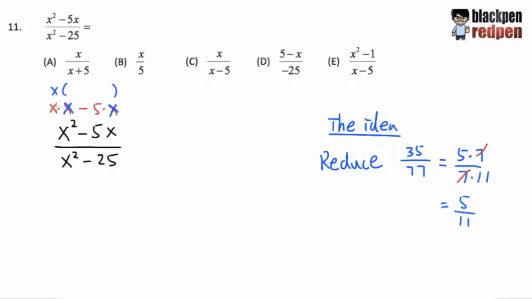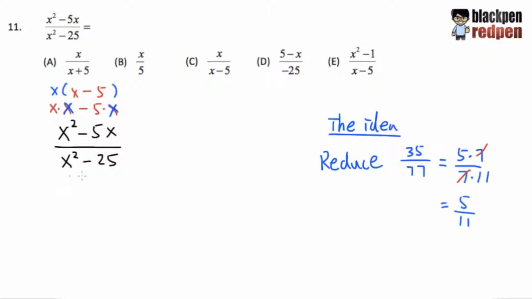For the first term, originally we had x times x, but this x is outside already, and we just have this red x inside. And then bring down the minus. Originally, for the second term, we have 5 times x, but the blue x is being factored out already, so we just have the 5 left. That's it. x times the parentheses, x minus 5. That's the factoring for the numerator.